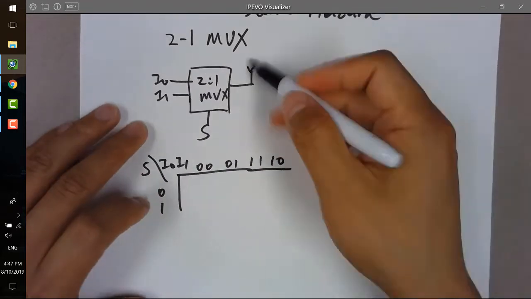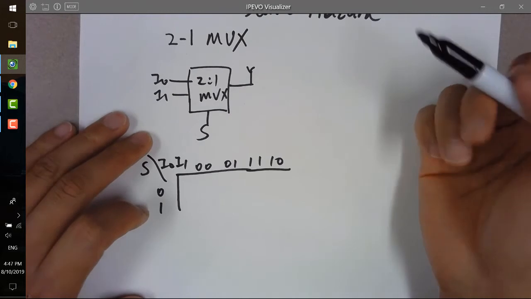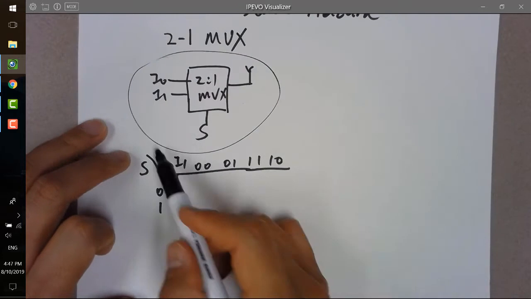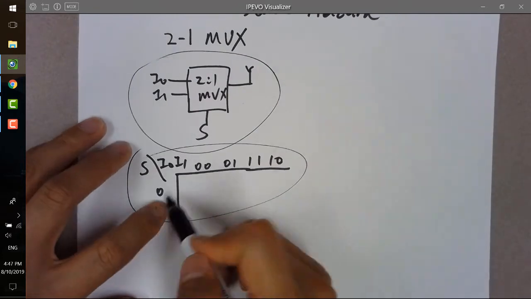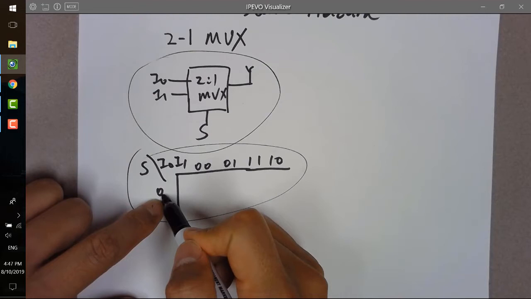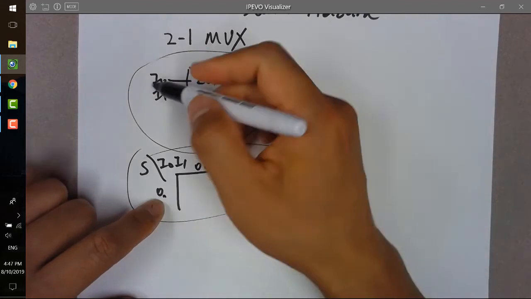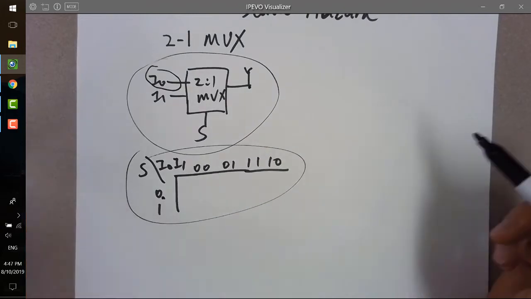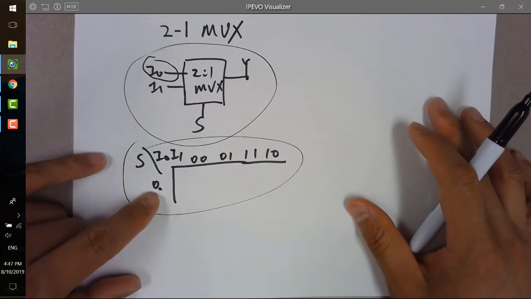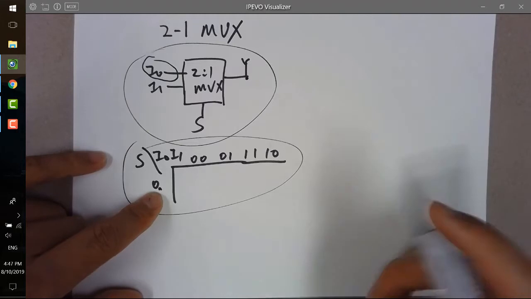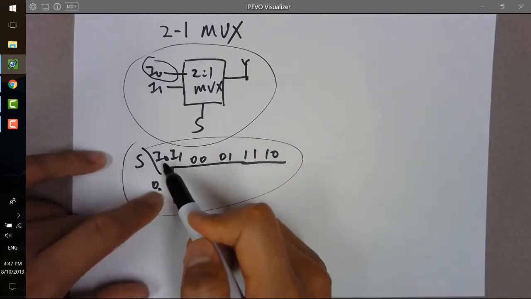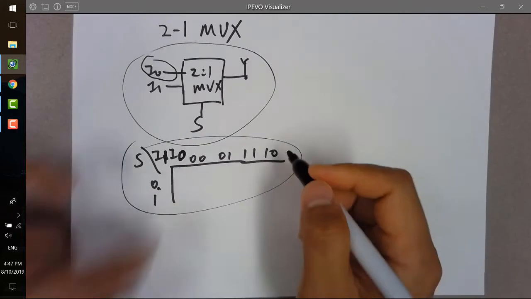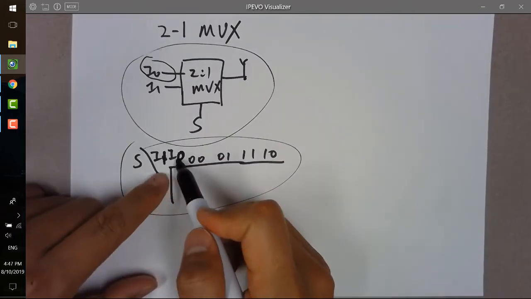And now let's take a look at the output here. So that's a logic block, and that's a K-map. When S is 0, we are picking up I0 to be delivered to Y. Let's say I1, I0, so that's the MSB, that's the LSB.